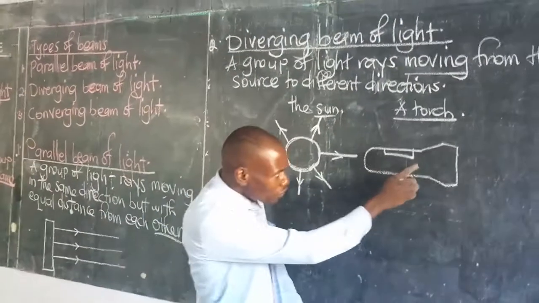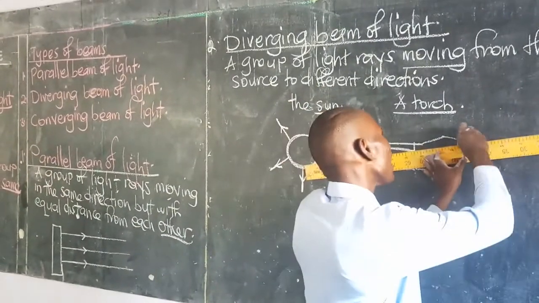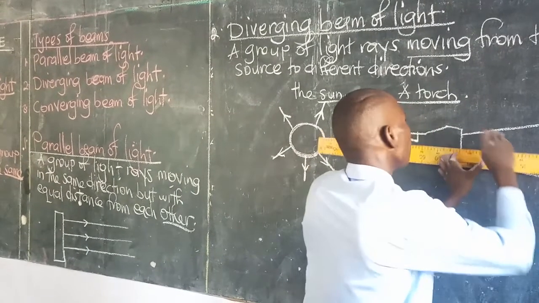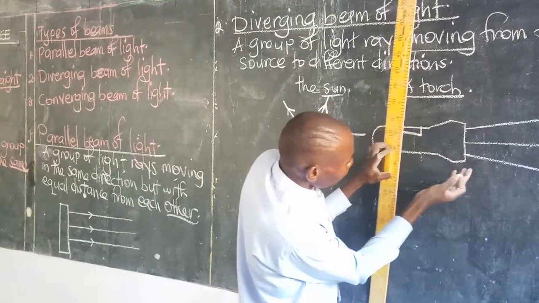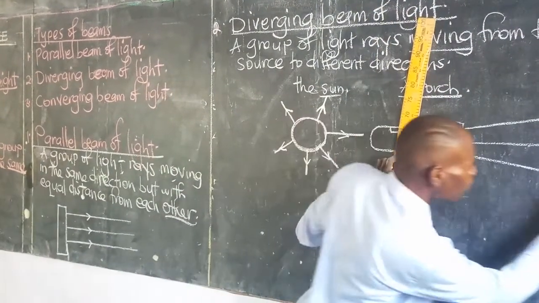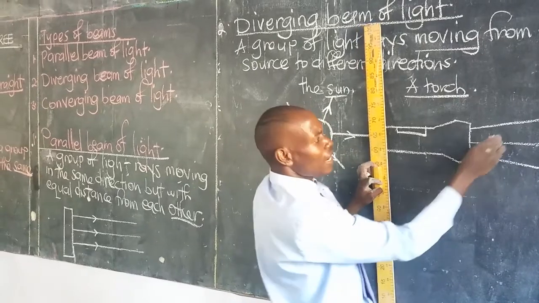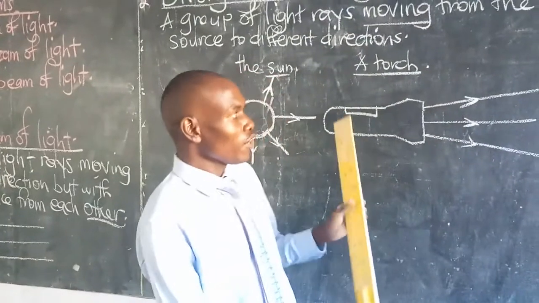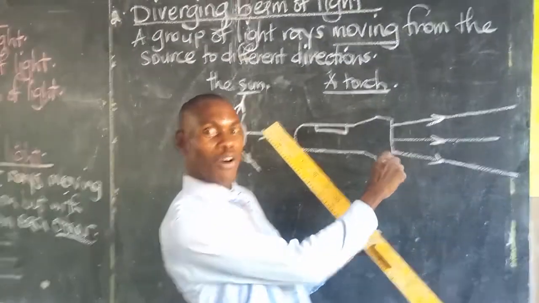Now, when this torch is producing light, you discover that the rays of light are spreading outwards. They are moving from the torch, but they keep on spreading outwards. And what did I say, boys and girls? We say, this is what we call a diverging beam of light.